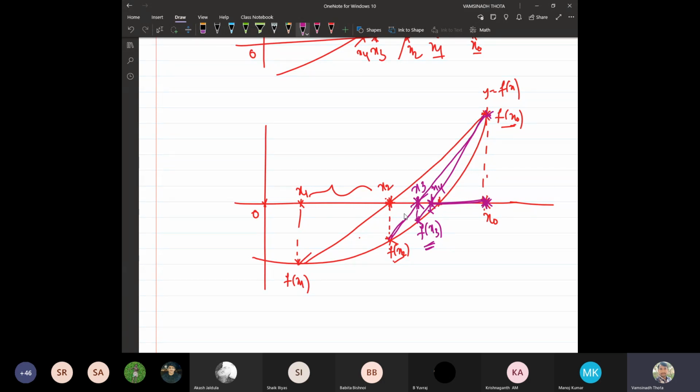Because of that reason, this method is going to converge definitely. Means the sequence of approximate solutions that we have considered will definitely converge to the exact root if we do an infinite number of iterations. But practically, that is not going to happen. So what we have to do?